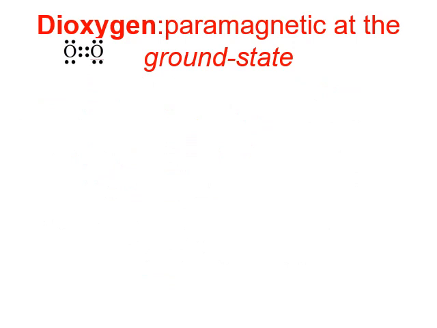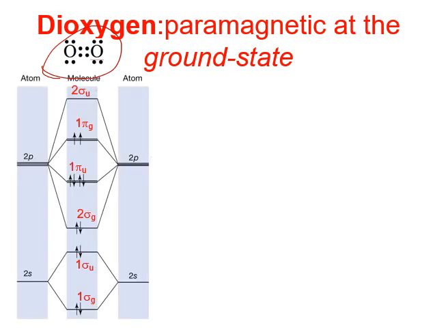The Lewis dot structure predicts that the oxygen molecule has a double bond. How does the molecule look in molecular orbital theory? So we choose the correct energy diagram for oxygen, and we calculate how many valence electrons. Oxygen is in group 6, so it has 6 valence electrons.